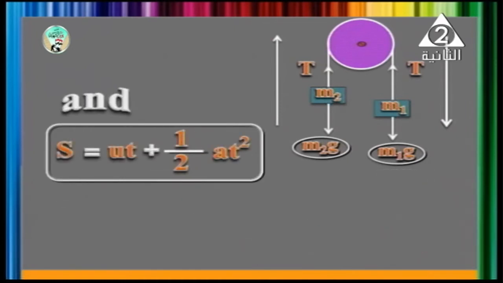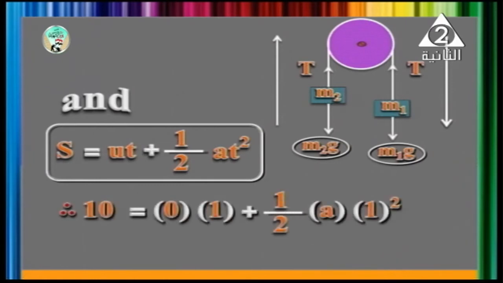My dear student, by substitution about M1 minus M2, then find the distance. We know the second rule of motion: S equals UT plus half AT square. What is the U? Initial velocity. What is the A? Acceleration. T is time. S is distance. We know the distance between two masses is 10. U equals 0.